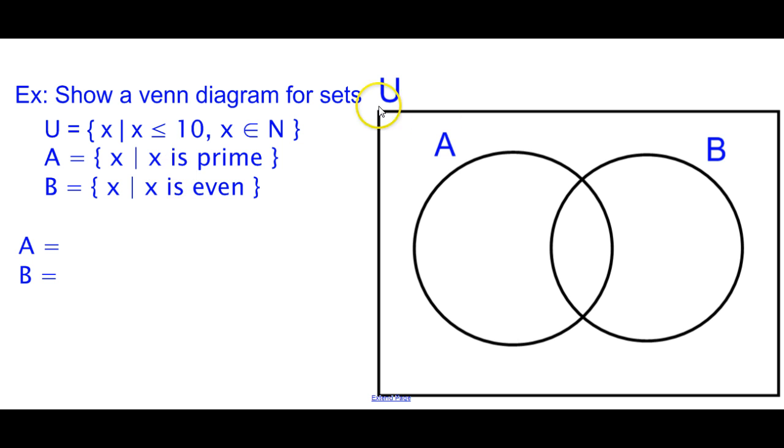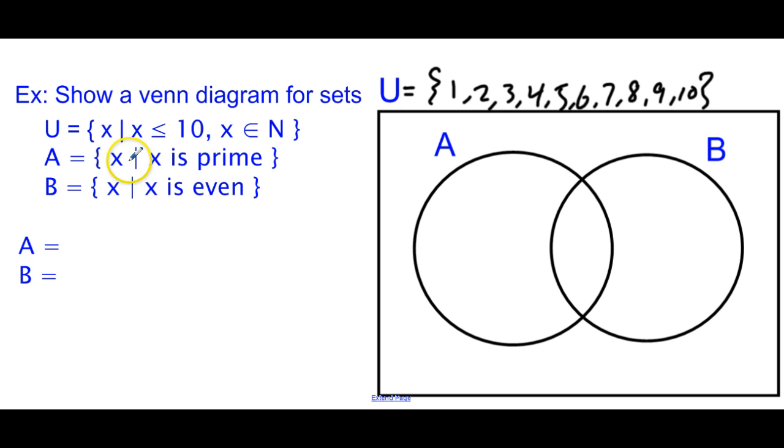So they're the natural numbers. If we write this out, this would be 1, 2, 3, 4, 5, 6, 7, 8, 9, and 10. That is the universal set.